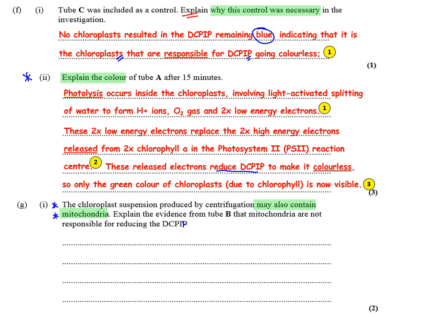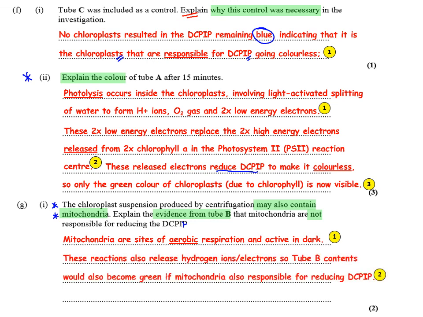So we know that mitochondria are the site of aerobic respiration, and that will occur in the dark as well as in the light. So in tube B, there's no light because there's black paper around the tube, so it's dark, but we know aerobic respiration still occurs.